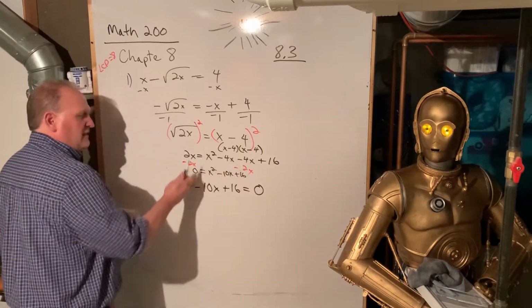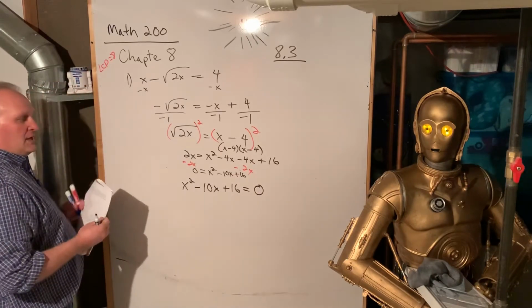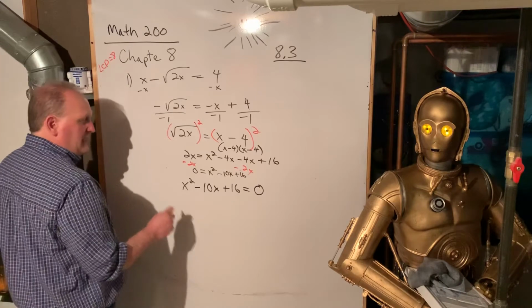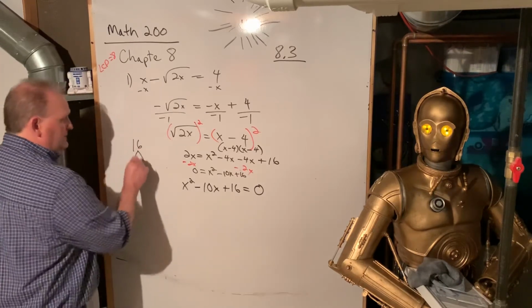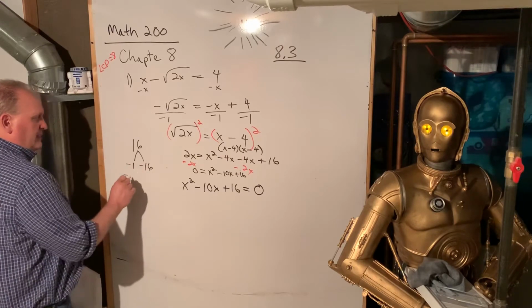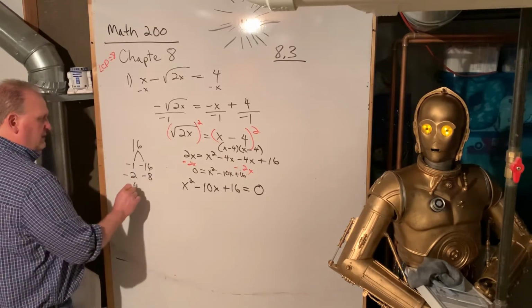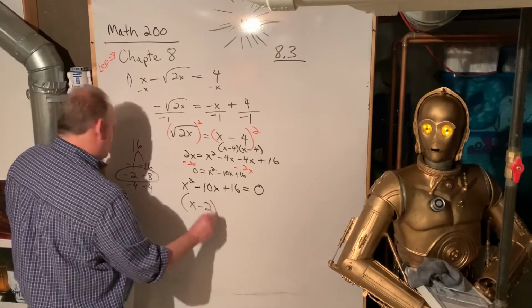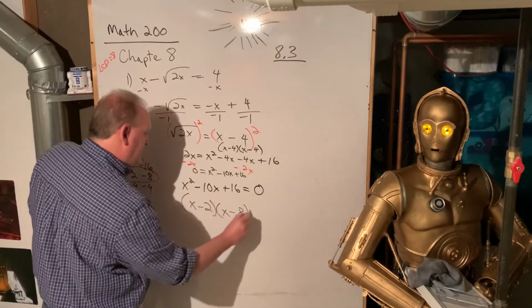So I just wrote this on the left side, that on the right side. All right, so now we're looking for numbers that multiply to be 16 but add up to be negative 10. List of suspects for 16, but adds to a negative. That would be negative, negative: negative 8, negative 2. This one did it. x minus 2, x minus 8 equals 0.